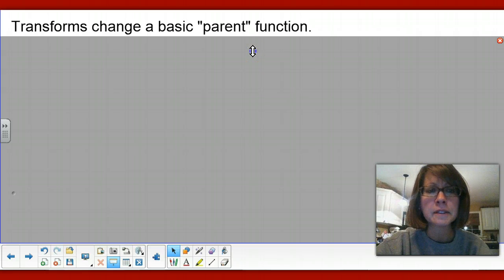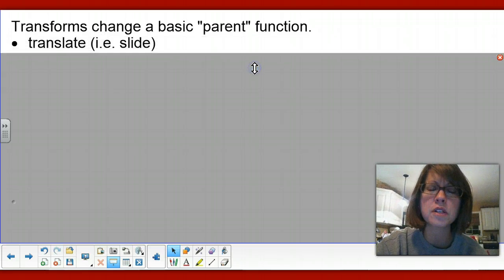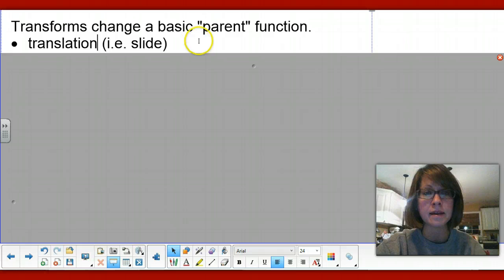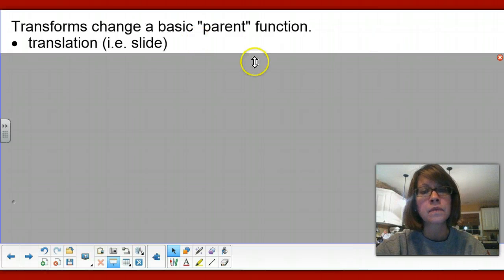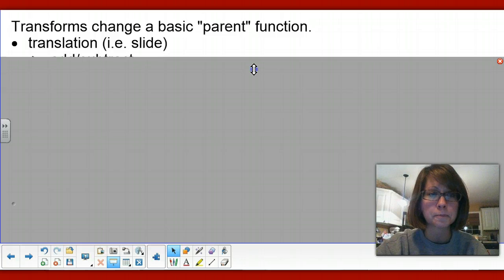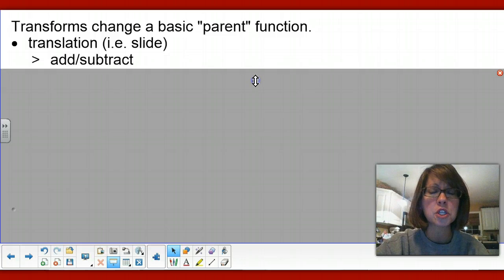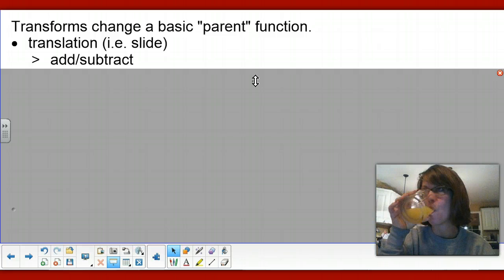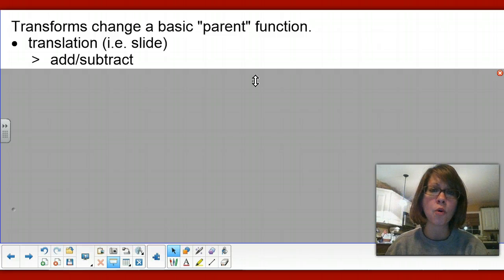Okay, so the first one is called a translation. A translation is also known as a slide. Okay? That means you're going to move but not change shape or direction. Translations always happen when we are adding or subtracting within or to a function.